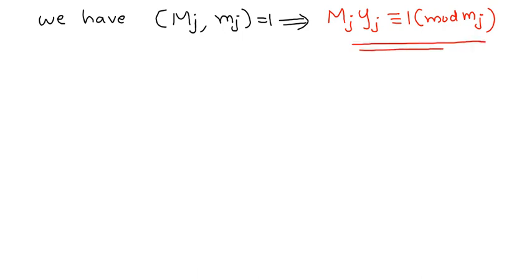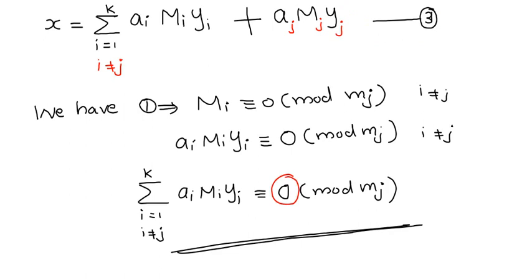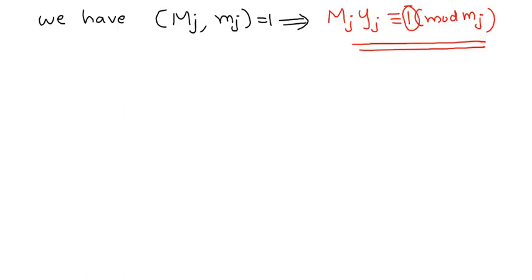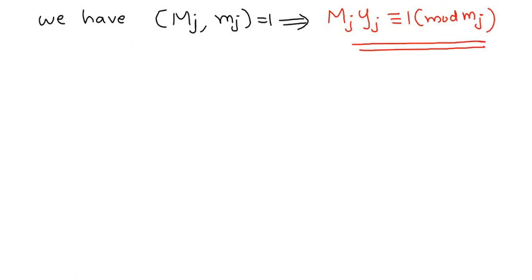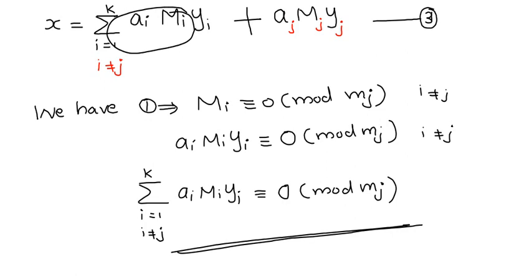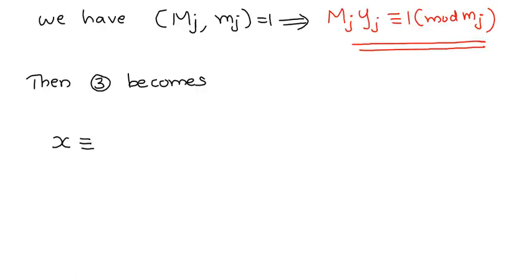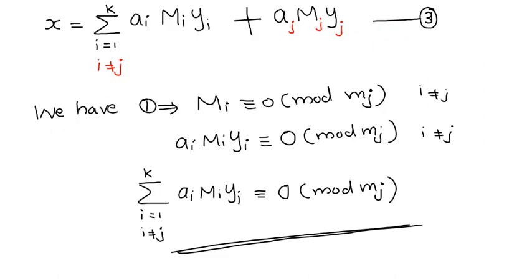So substituting this 0 and this 1 in the previous equation 3, when taking modulus small mj, equation 3 becomes x congruent to, taking mod mj, this summation becomes 0, plus aj Mj yj.